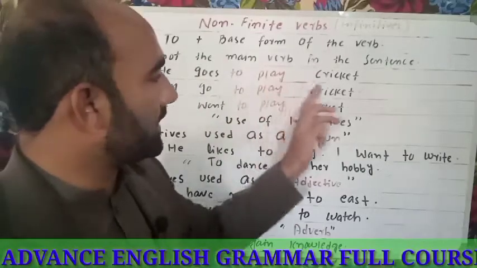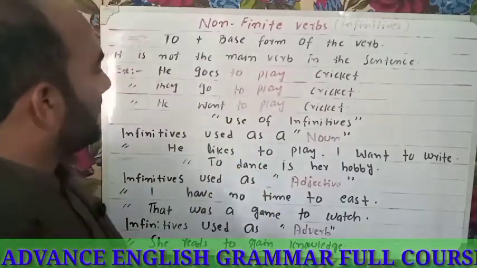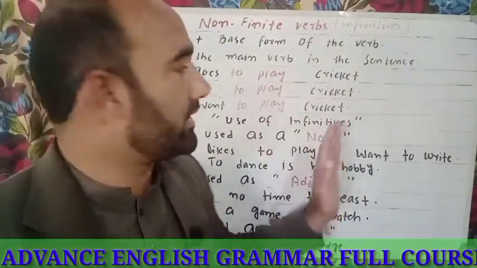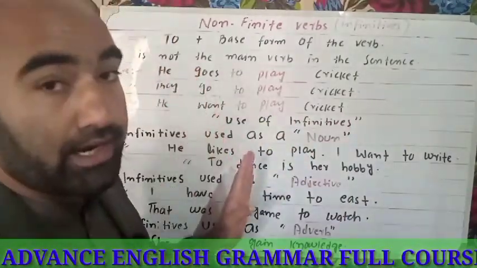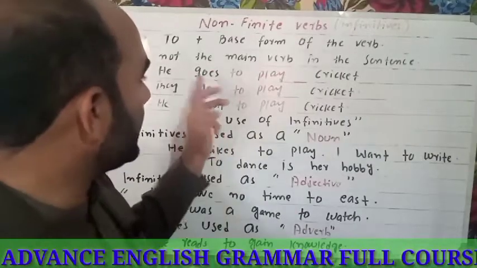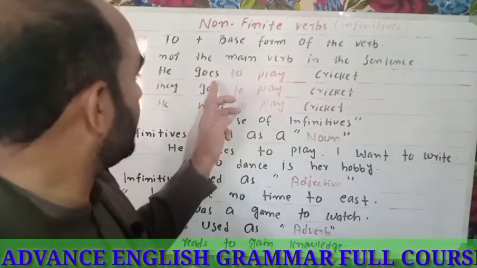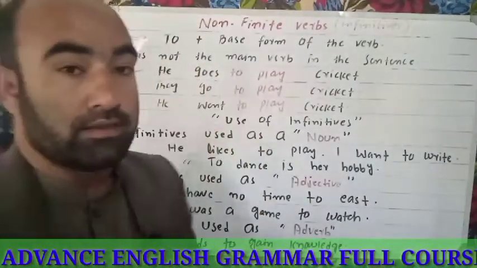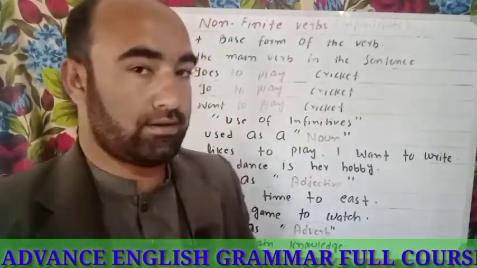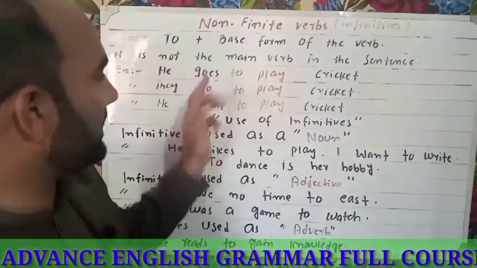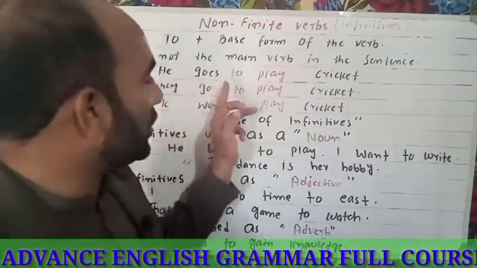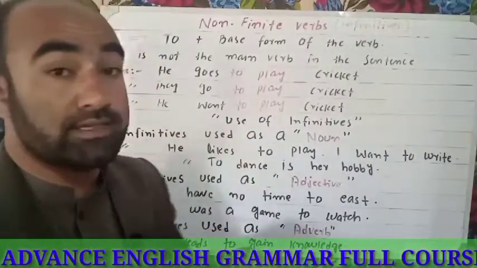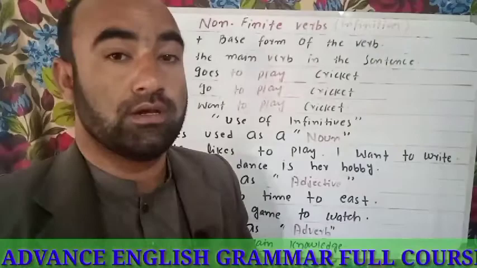He goes to play cricket. They go to play cricket. He went to play cricket. Although these verbs are changed: he goes. Whenever we are talking about a singular subject, we add es or s with the base form of the verb. He goes, they go. Whenever we are talking about a plural subject, we use just the base form, the root form of the verb.